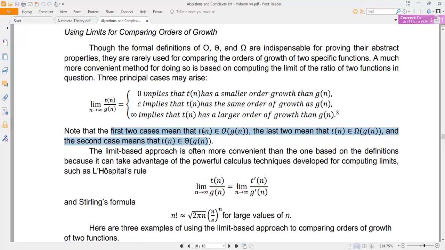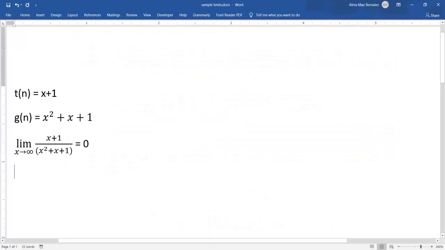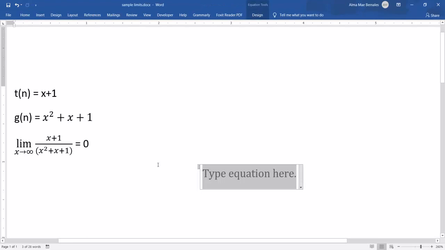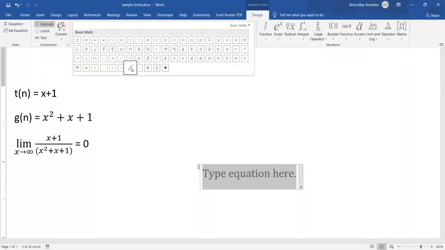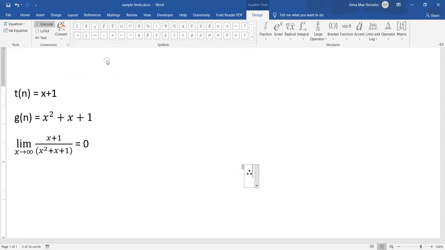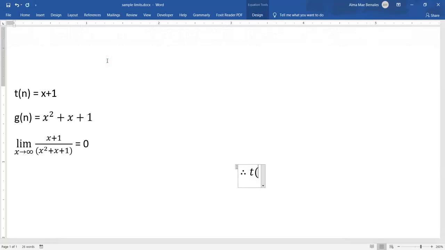Therefore, our T of N is an element of O of G of N.